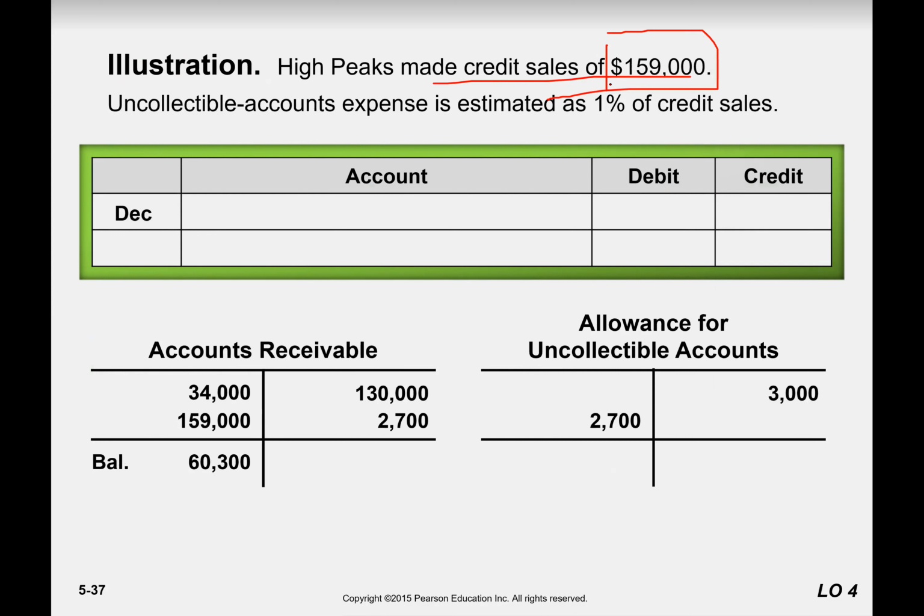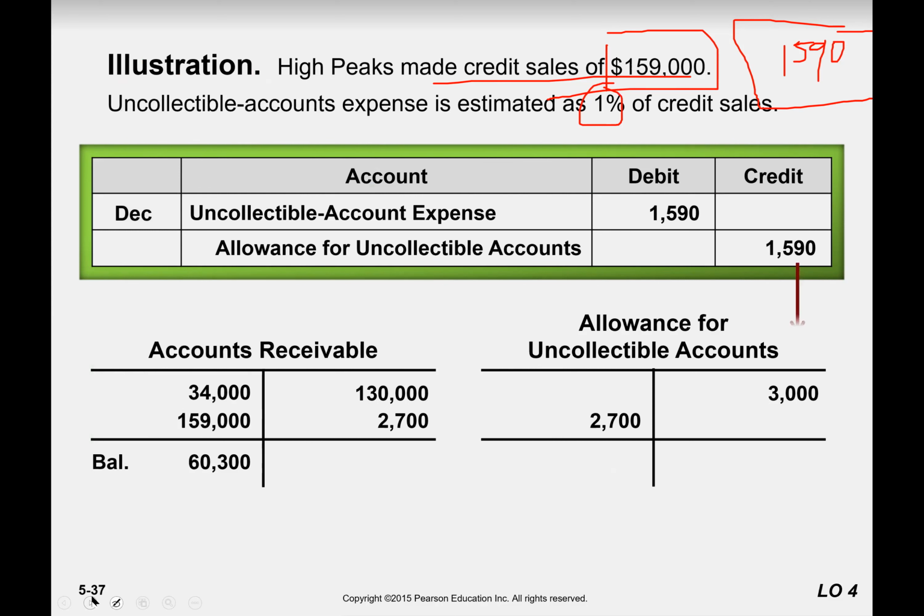So 159,000 multiplied by 1%, the answer is 1,590, right? So what is the entry? This 1,590 is the expense and allowance amount. So that will go to the income statement and balance sheet. It would be uncollectible expense to allowance for uncollectible, right?